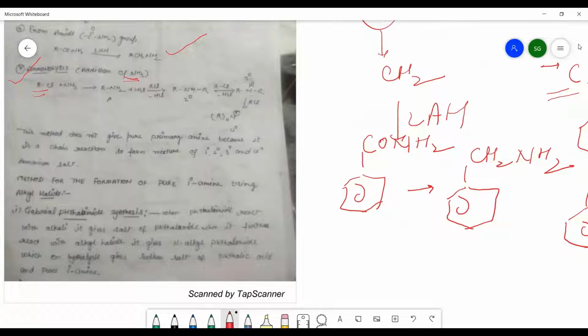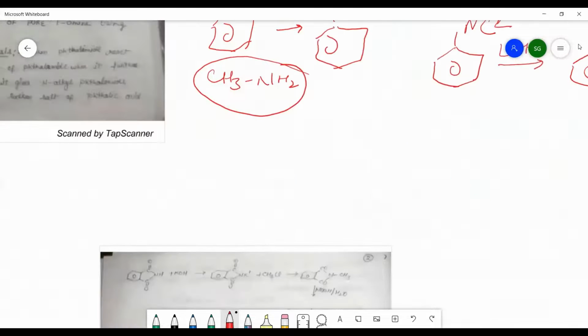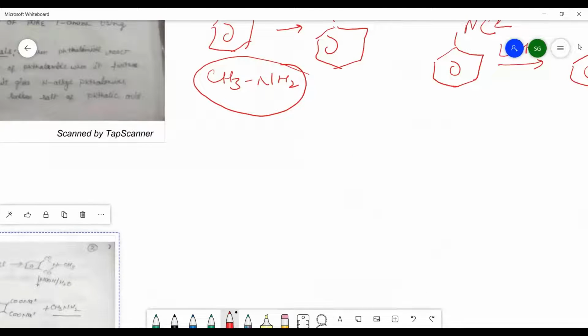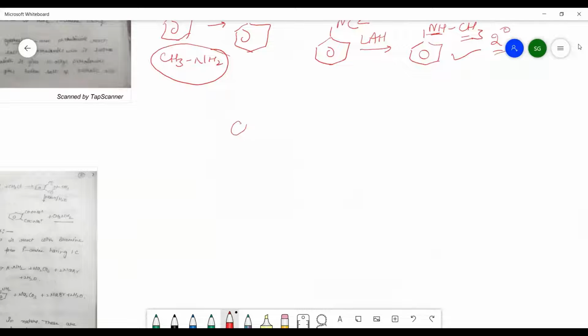If we want to make methyl amine, CH3NH2, we have to take CH3Cl, and then ammonia, which will give rise to the formation of a primary amine like this. Methyl amine you will get. Here the removal of an HCl molecule takes place, that is, HCl goes out from here and hydrogen from there, and it gives rise to the formation of this primary amine.